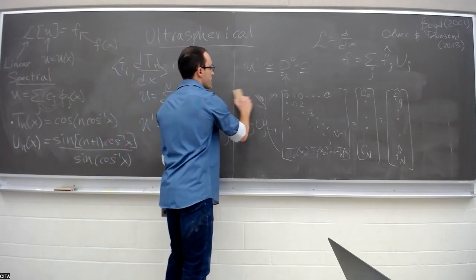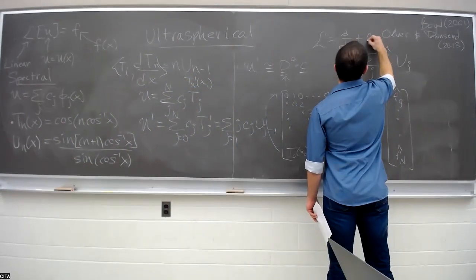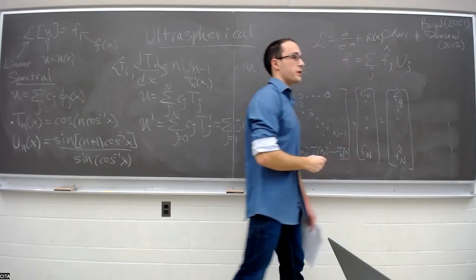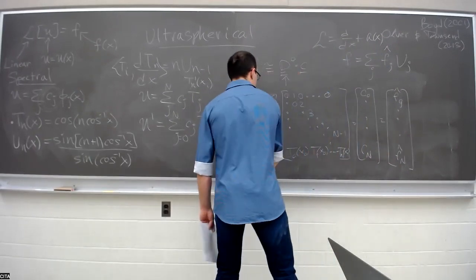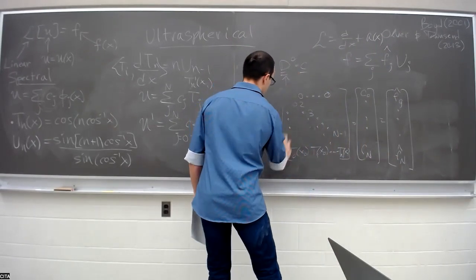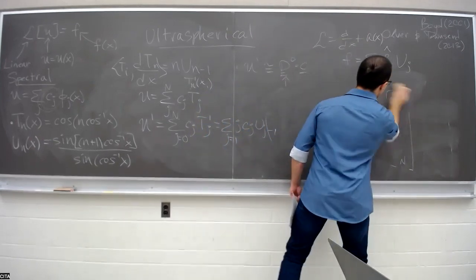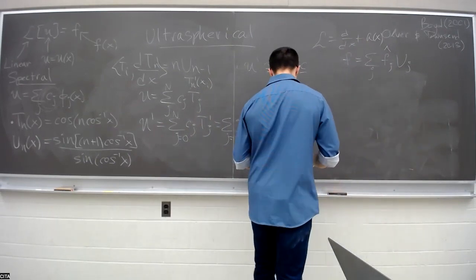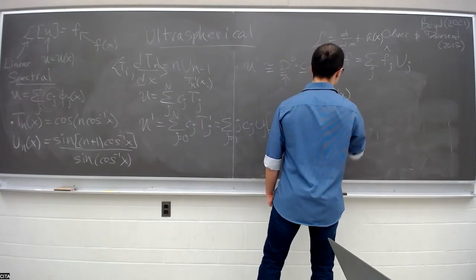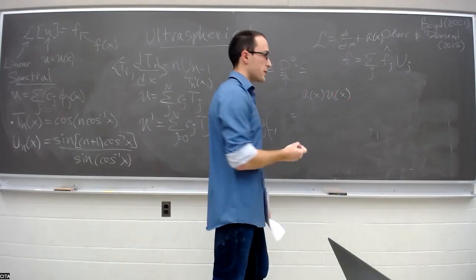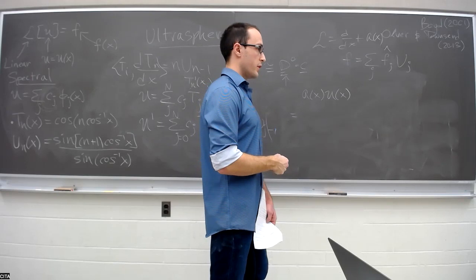The major complication that is introduced with this approach is if we have to think about any spatially varying coefficients in our differential equation. If we want to include some coefficient that has some dependence on x, then to use this translation between Chebyshev T and U polynomials, you have to represent the product A of x times U of x not just as an expansion in Chebyshev T polynomials, but as an expansion in Chebyshev U polynomials.